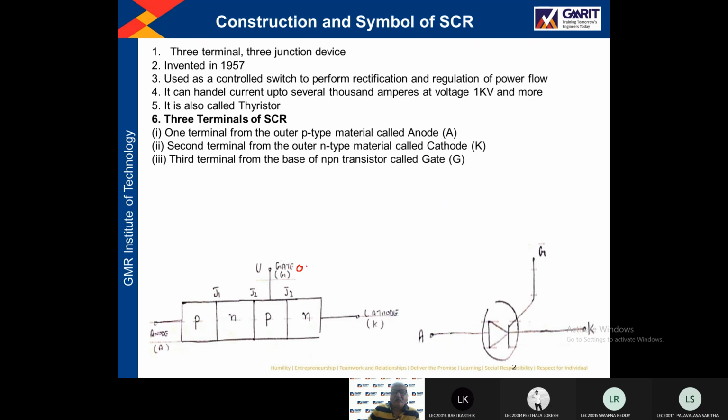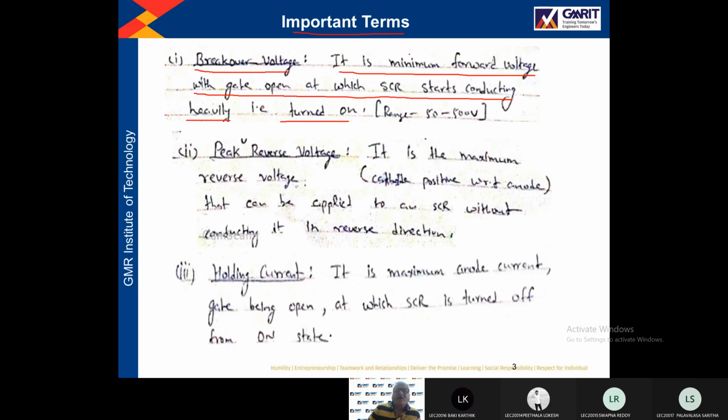It is open. Under this condition, the voltage at which the SCR turns on is called the breakover voltage.